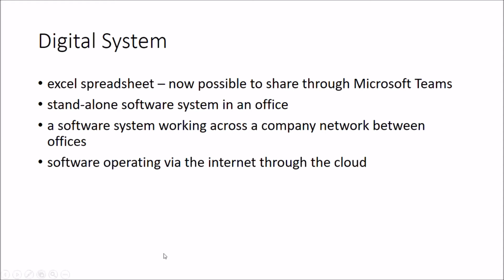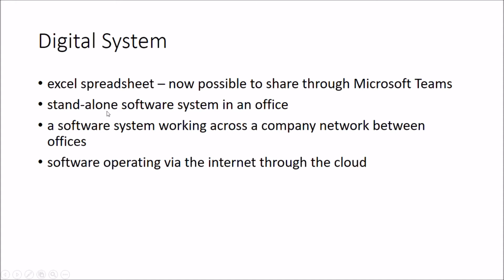So in terms of what is a digital system before we start, well, it could be an Excel spreadsheet. So we're just creating our books in an Excel spreadsheet, and it's adding up the purchase daybook for us, and we've got an equation linking it to the purchase ledger control account and to the accounts within the purchase ledger. Yeah, possible to create that.